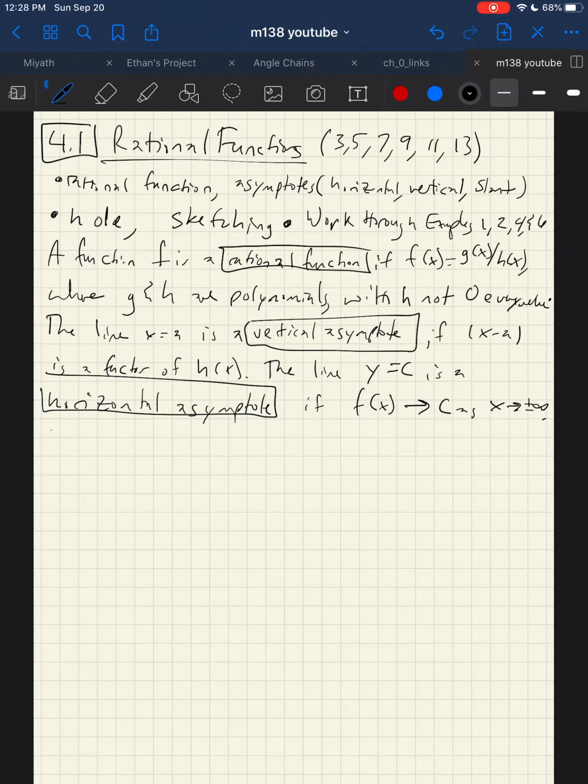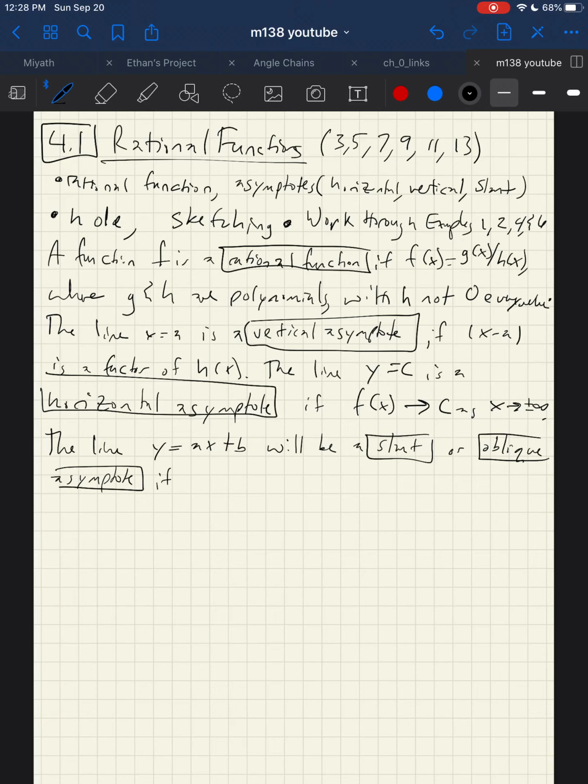Finally, the line y equals ax plus b will be a slant or oblique asymptote if the graph of f of x approaches that line as x goes to plus or minus infinity, meaning as it goes off to plus infinity or off to negative infinity.